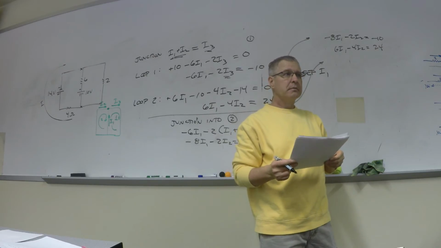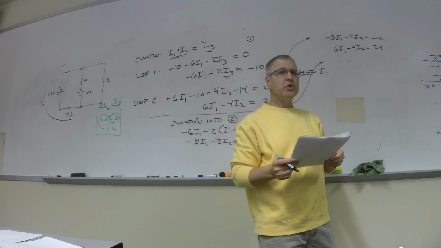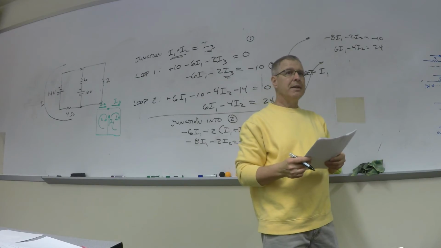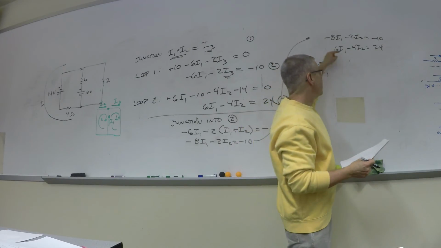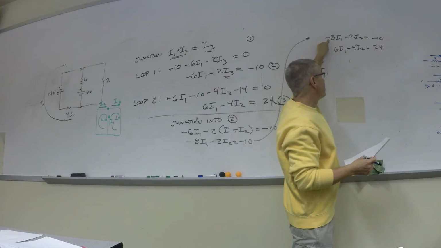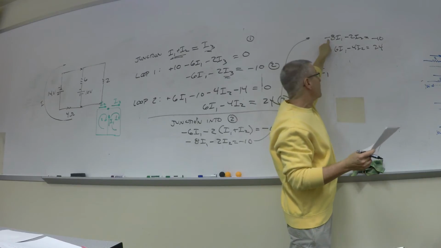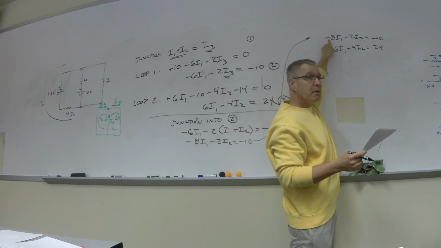Set the equation equal to I2 and substitute. That's the hard way to do it, but you could. It's a whole lot easier if I multiply this thing by -4, I'm sorry, by -2.